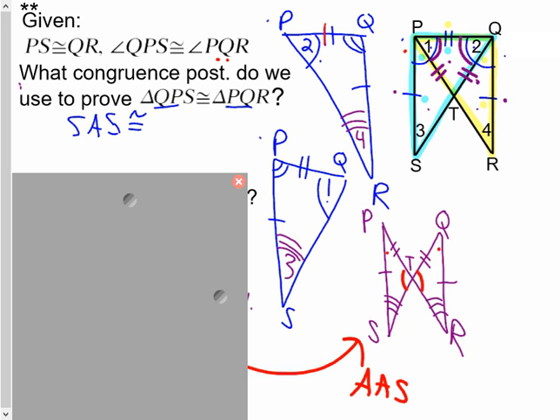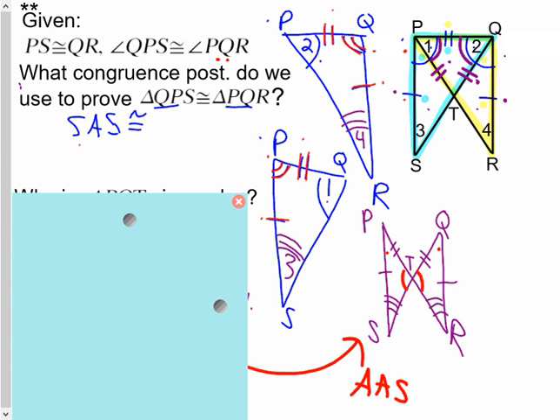We had reflexive, and they gave us PS and QR. So these sides were equal. And then the last thing they gave us was the large angles. So they gave us these angles in red. So looking at that, we had side angle side, side angle side on both of those. So side angle side was our congruence postulate.